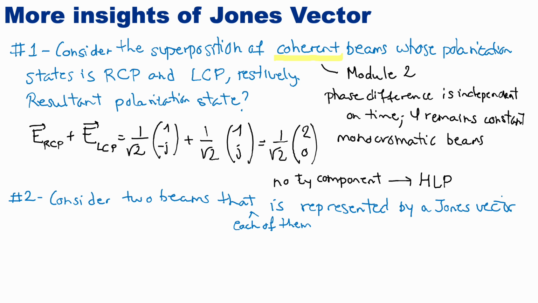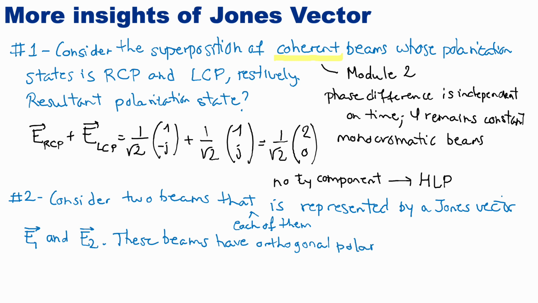So here we have E1, and then we have the other vector E2. So we're going to say that these beams have orthogonal polarization states.